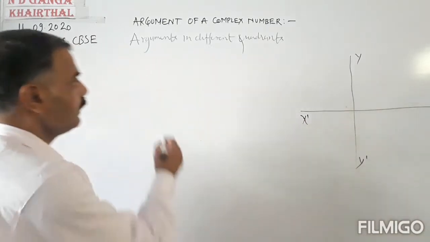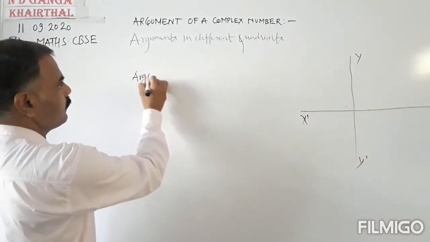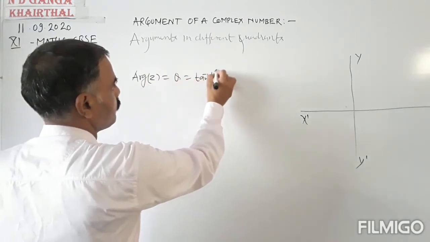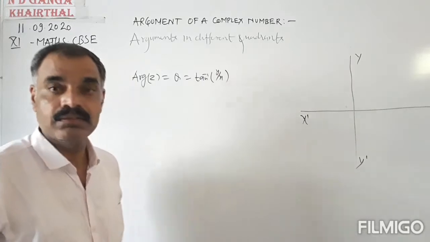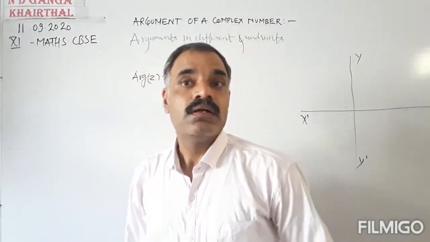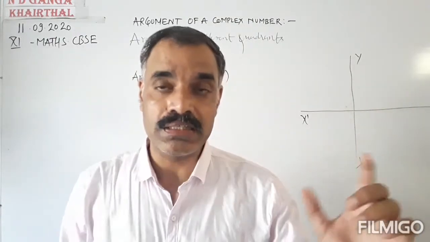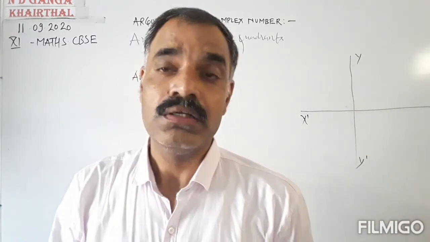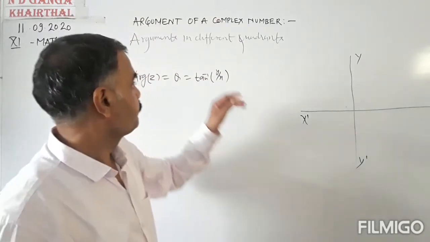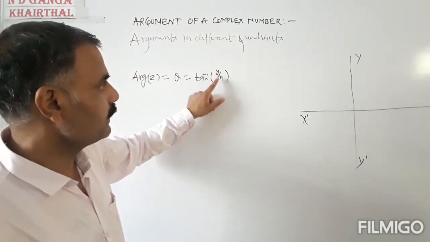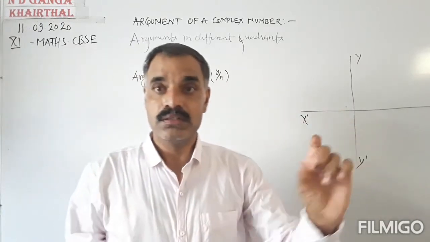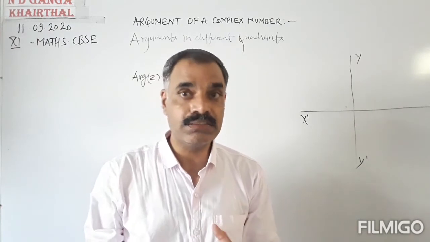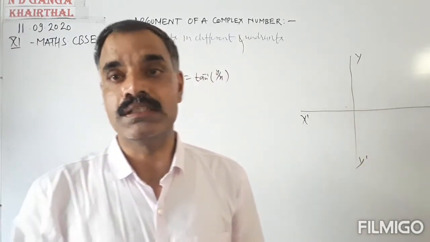We know that the argument of Z, that is theta, is equal to tan inverse Y upon X. This shows that the argument of Z depends on the real and imaginary part of the complex number Z. So when the sign of X and Y changes, the argument also changes.